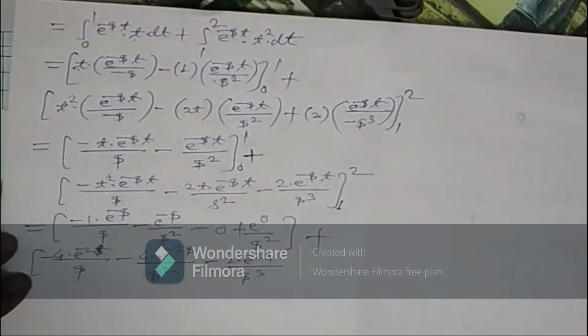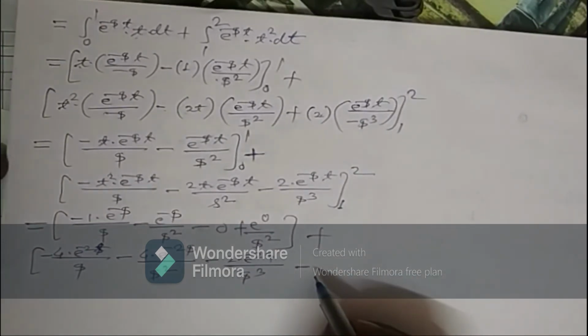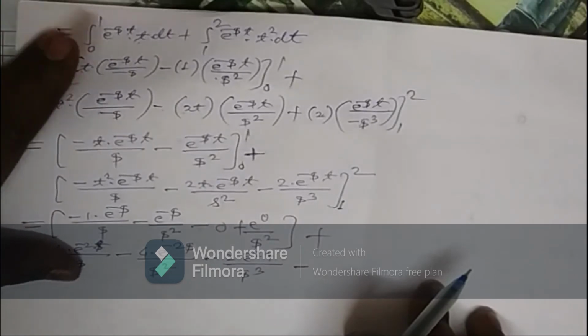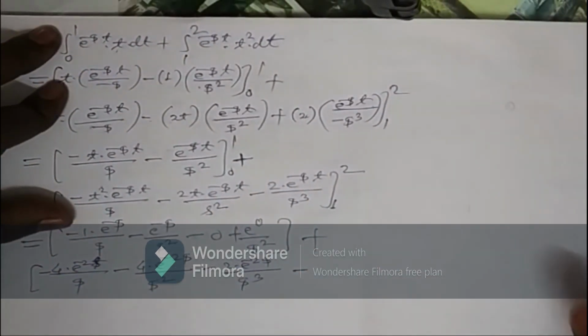This is the upper limit, minus lower limit, so due to this minus sign all the next terms' signs will be changed.